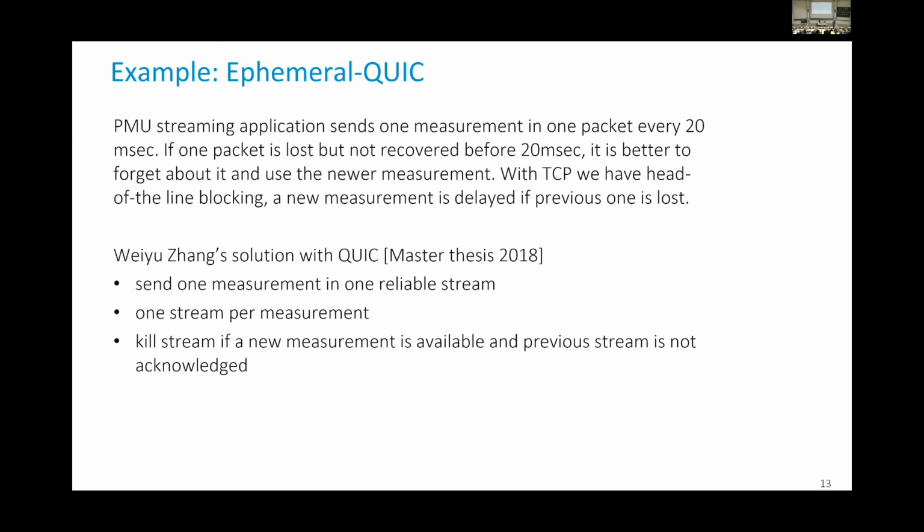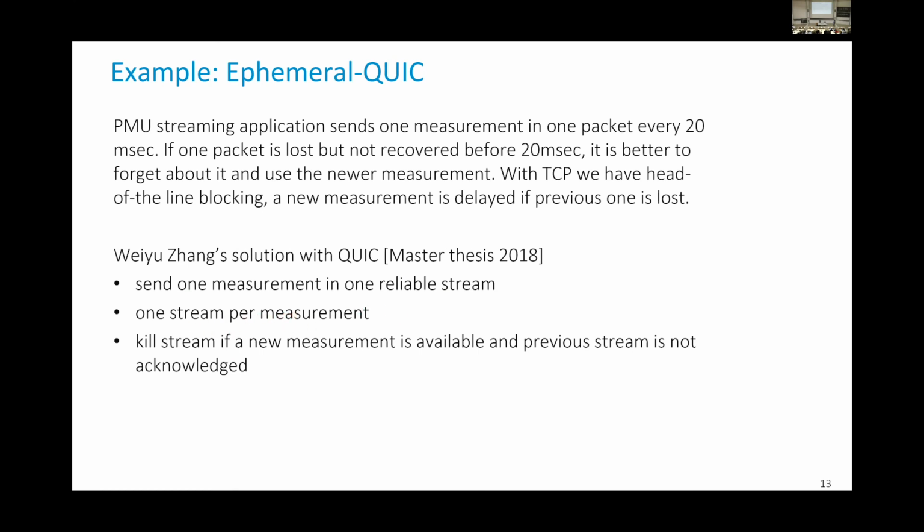That's exactly the problem, and this is why you would like to have unreliable channels, as I mentioned, if you use QUIC, for example, to access the DNS. Here, this solution called ephemeral QUIC consists in simply saying we send one measurement in one reliable stream, which means if it's lost, it will be retransmitted, but we do one stream per measurement.